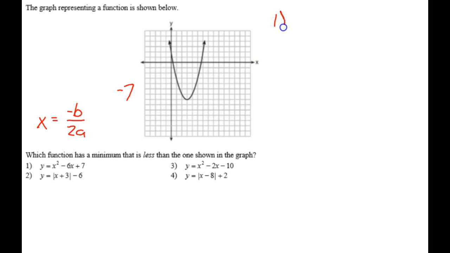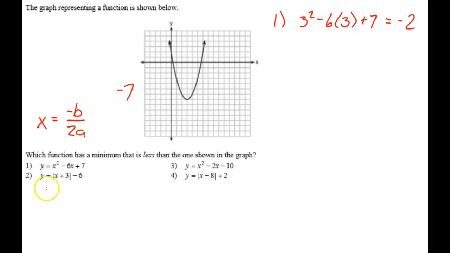So for my first equation, I'm going to plug 3 in for x. I get 3 squared minus 6 times 3, and then I'm going to add 7 to that. 3 squared is 9 minus 18. 9 minus 18, -9 plus 7, -2. That is the minimum for equation 1.